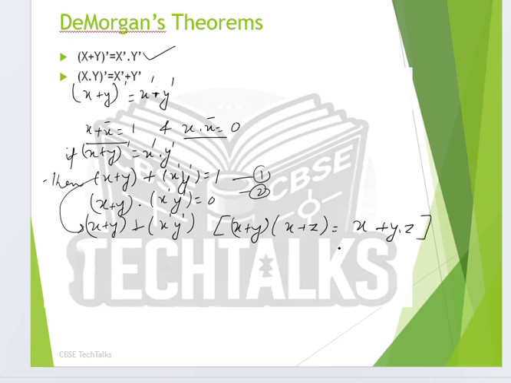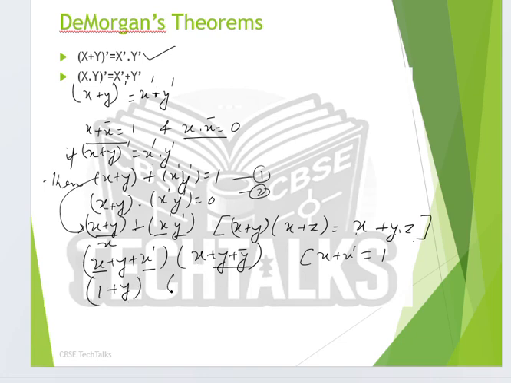Yes or no? If we have this x plus yz, so we have (x plus y) and (x plus z). Let's assume this as x. So what will happen? X plus y plus this x bar, x plus y plus y bar. Okay, and we know x plus x bar is what? 1. So from this and this it is 1 plus y.